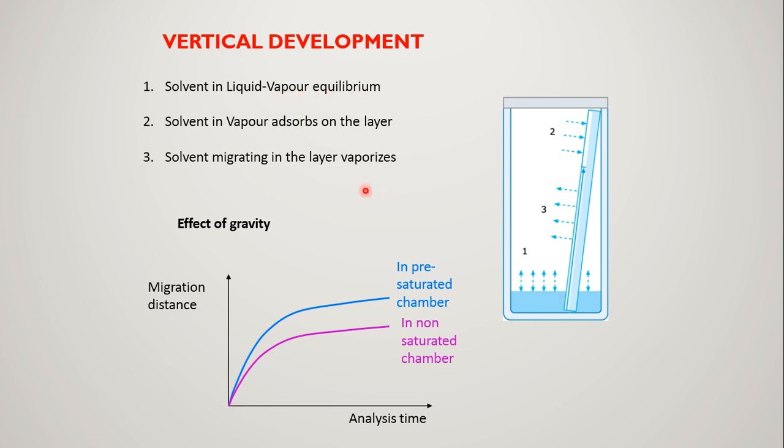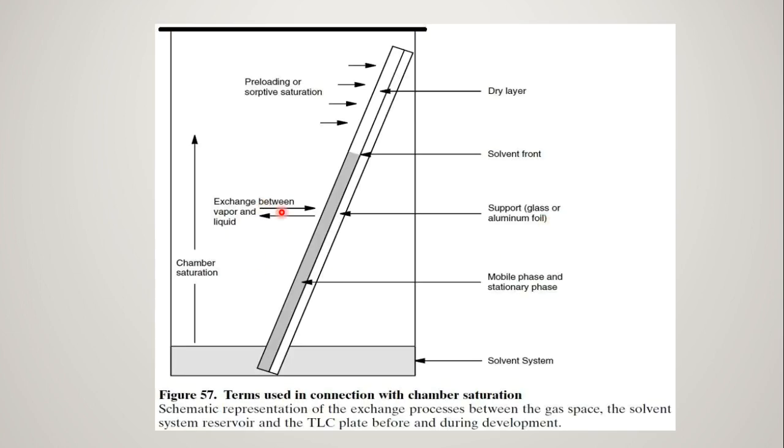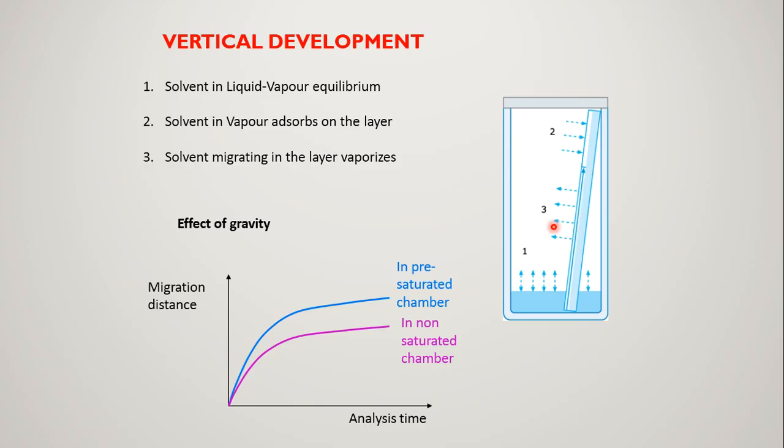Also we observe a second equilibrium: the solvent molecules in vapor state and sample molecules in liquid state over the stationary phase will also be in equilibrium. Also, the solvent vapor is adsorbed on the layer.